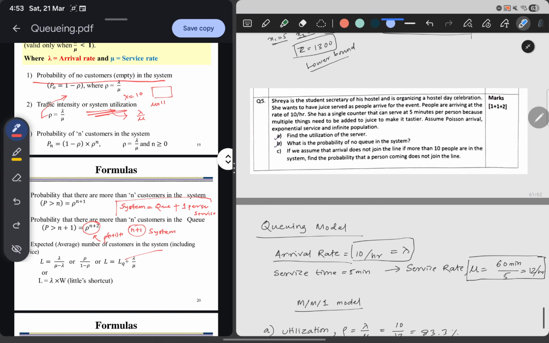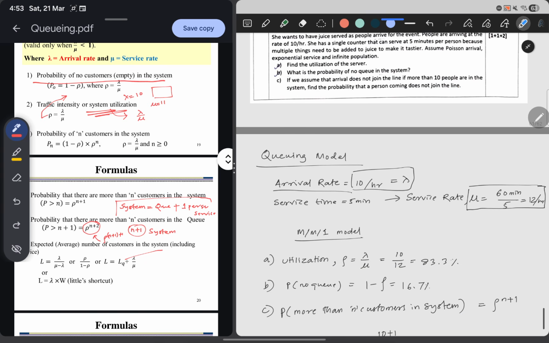And the last question says, assuming that arrivals do not join the line if more than 10 people are there in the system. If more than 10 people are there in the party, the people won't join. So what is the probability that people are not joining the line?